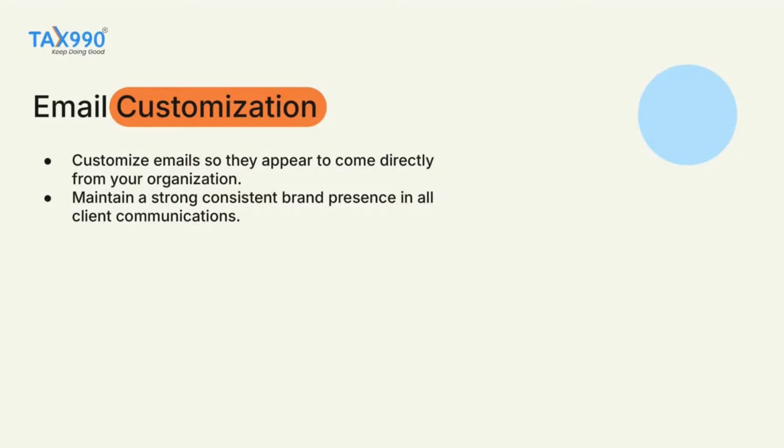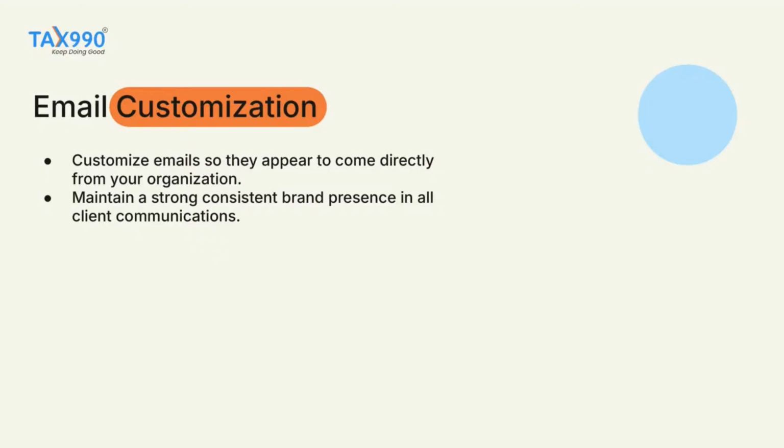Email customization. This update may seem small on the surface, but it actually makes a big difference in how your organization is perceived. Up to now, emails sent through Tax990 to your clients and team members came from a standard Tax990 email address. With this new enhancement, you can now customize those emails so that they appear to come directly from your organization.